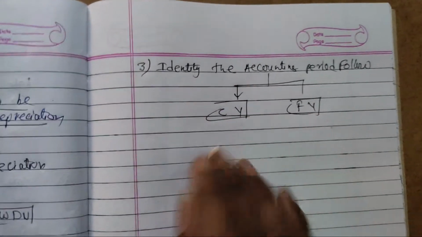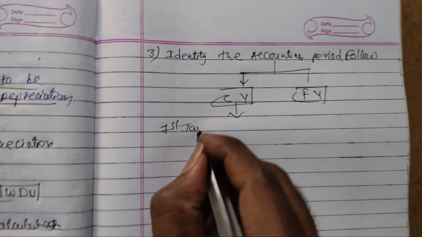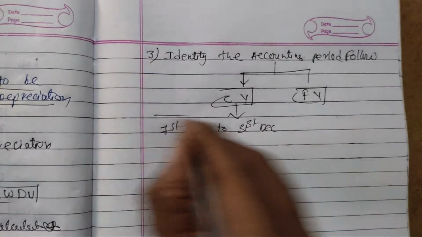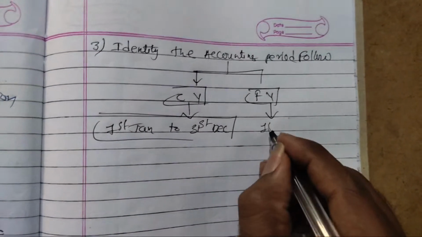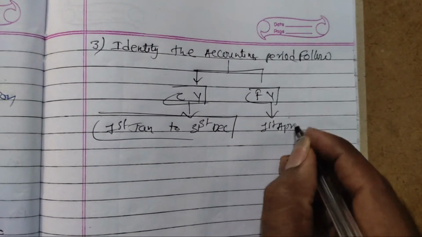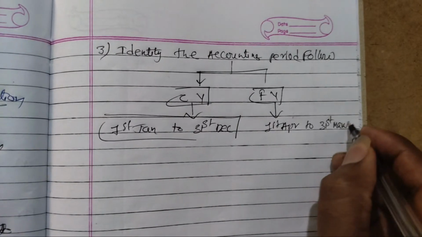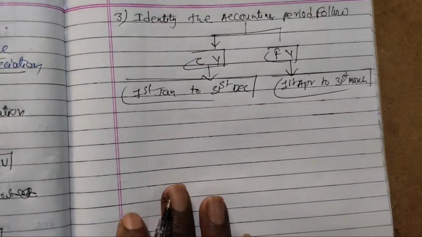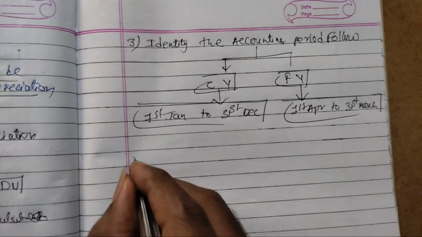If it is calendar year, it will be from 1st January to 31st December. It ends on 31st December. If it is financial year, 1st April to 31st March will be the financial year. So till here hope you understood. Okay.